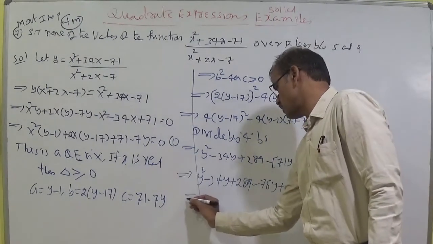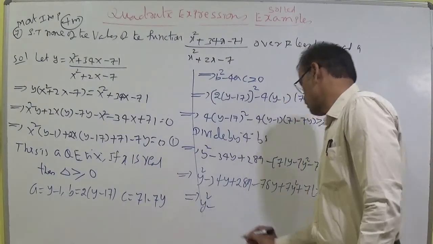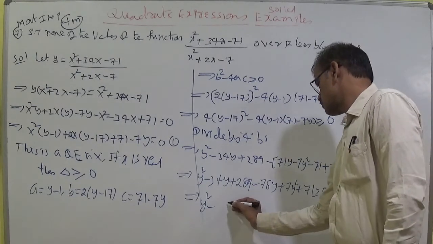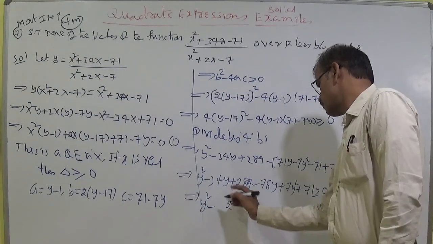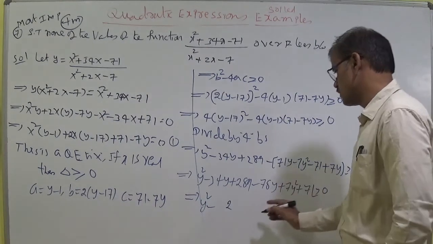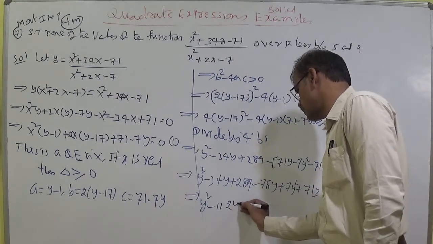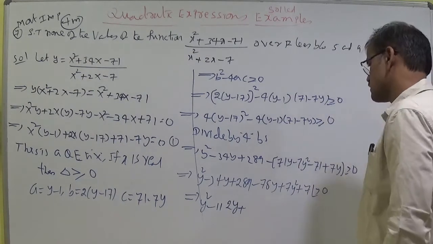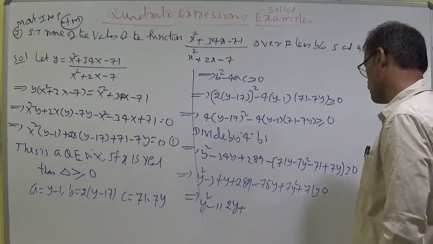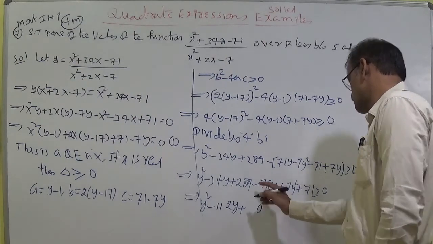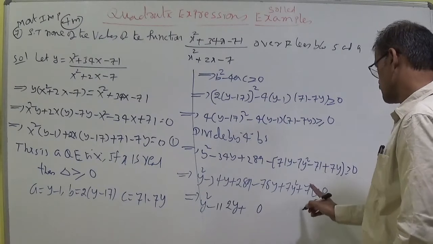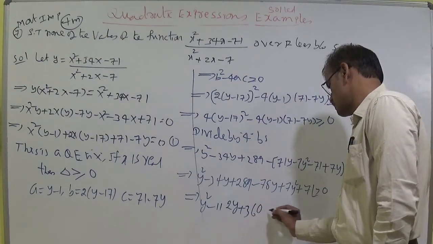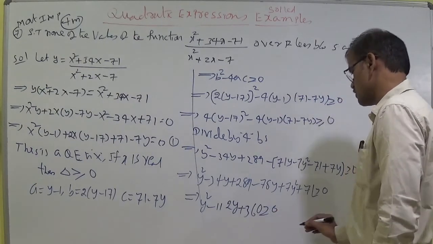Next step, we can write y square minus, this is 78 and 34, 112y, plus 289 plus 71, which is 360, greater than or equal to 0.